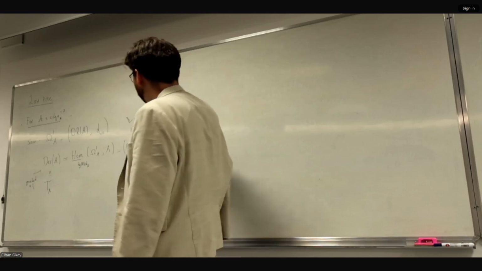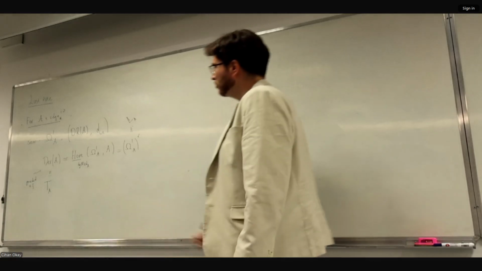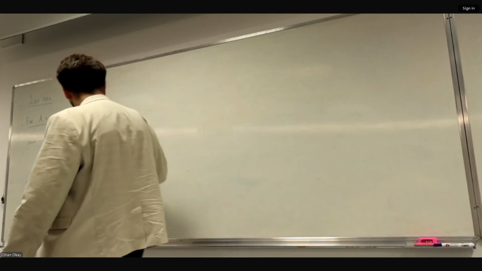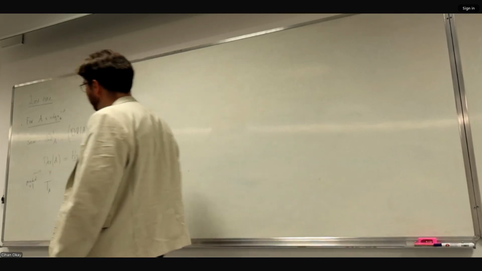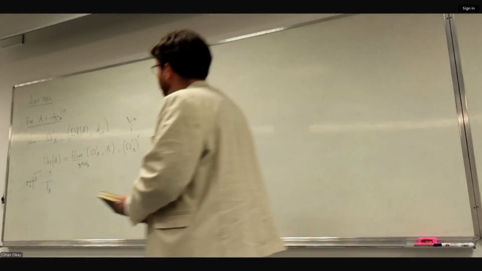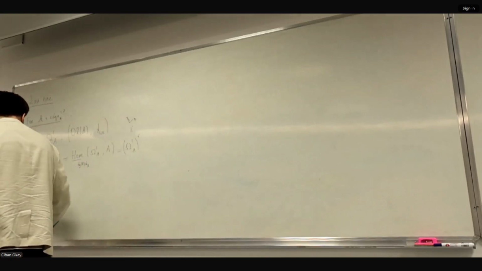But for some technical reasons, this identification is not always true, but for nice CDGAs, this will be our construction. Okay, I don't know what else we did. These are some basic notations from last time.